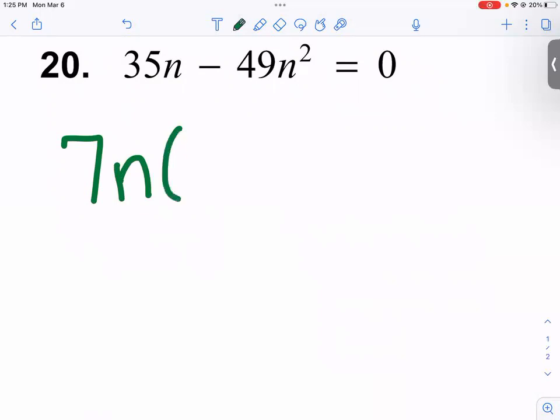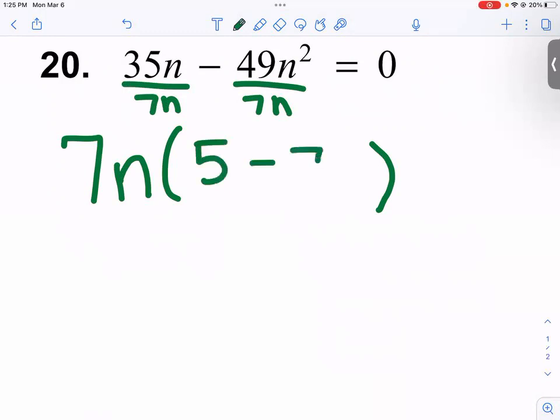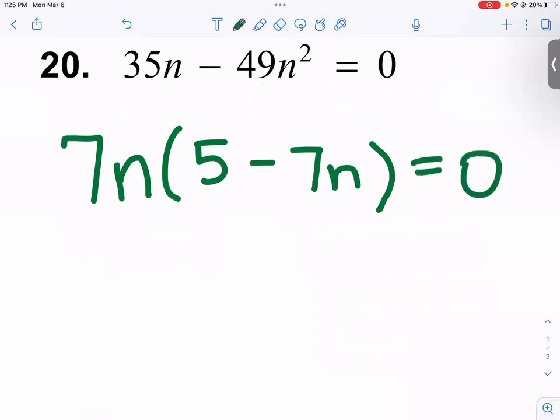If we divide out 7n to the first out of each of these, then we're left with 5 minus 7n. And remember, if you're unsure that you did the GCF right, you can always distribute and make sure you get back to the original.